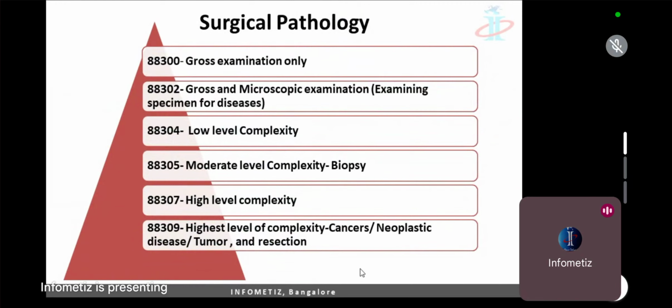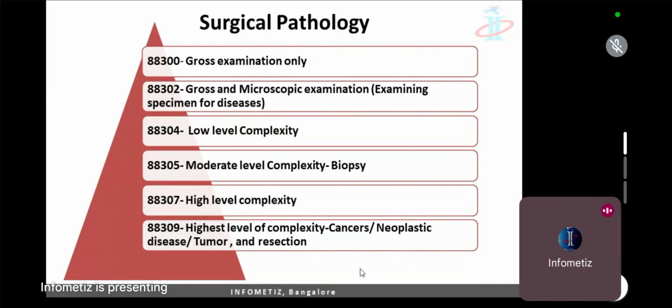Then we have gross and microscopy examination. Gross they will do, that is mandatory. Along with that, they will do microscopy examination also. Now, you can see for gross examination we have only one code, 88300.